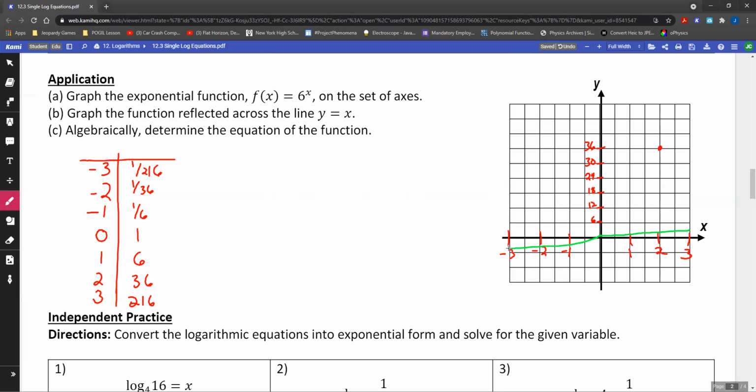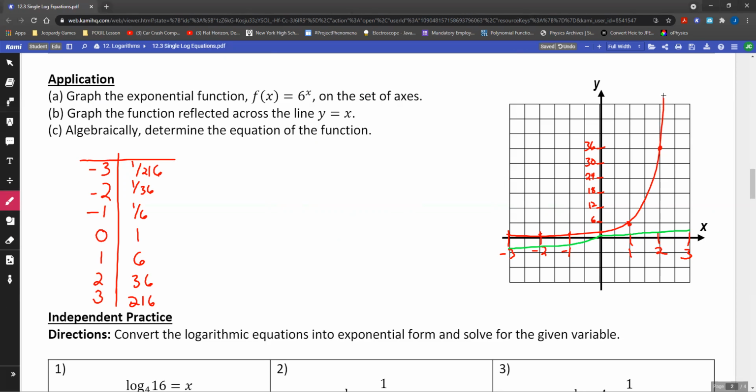When x is 1 it is 6. All right. So for the other one, remember it gets essentially flipped.